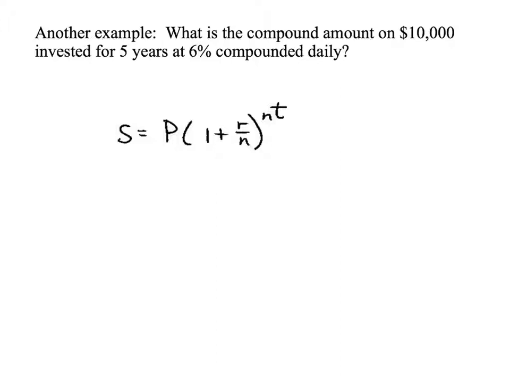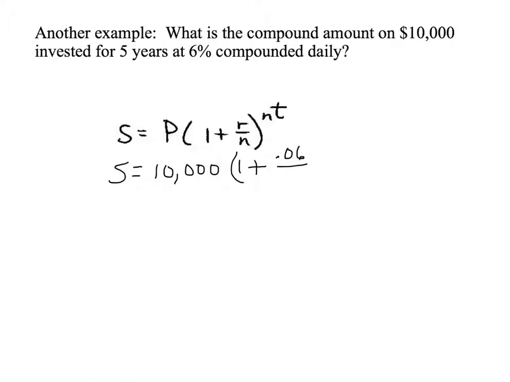Okay, hopefully you've had a chance to go through and do that particular problem. All I'm going to do right now is plug that information in. I want to know what the compound amount is, so that's my S. My principal in this particular case is $10,000, and it is 1 plus. The rate is 6%, so it's 0.06.